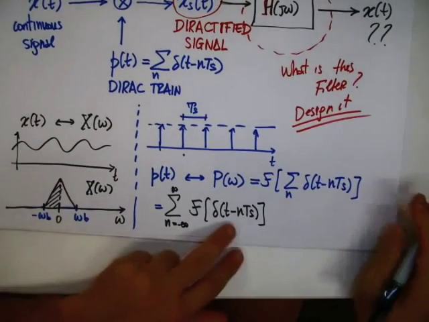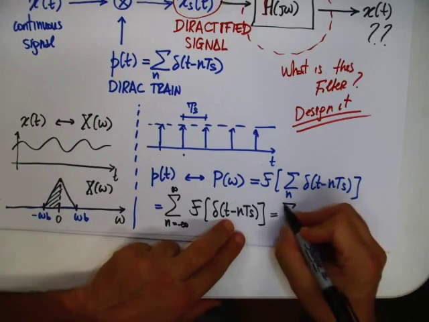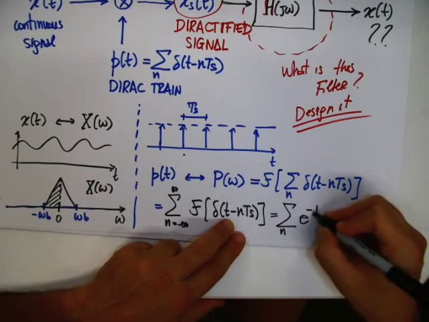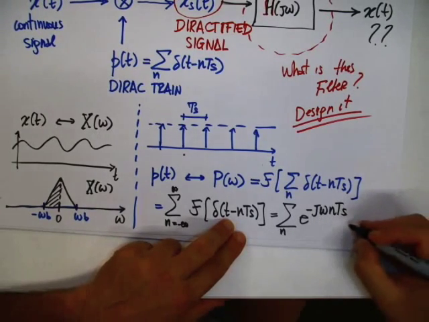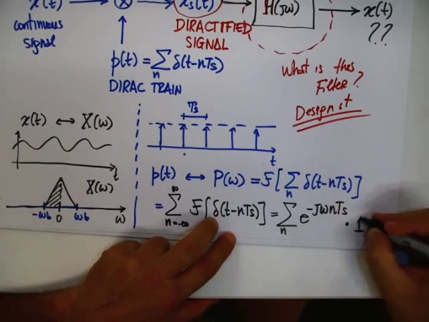But now we can apply the time shift property of the Fourier transform. So we're going to get e to the minus j omega n Ts times the Fourier transform of delta(t), which is basically 1.